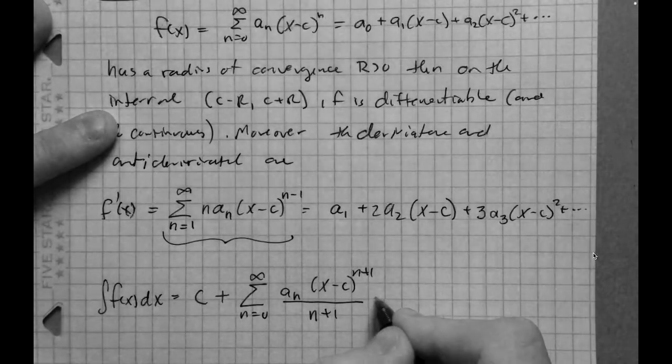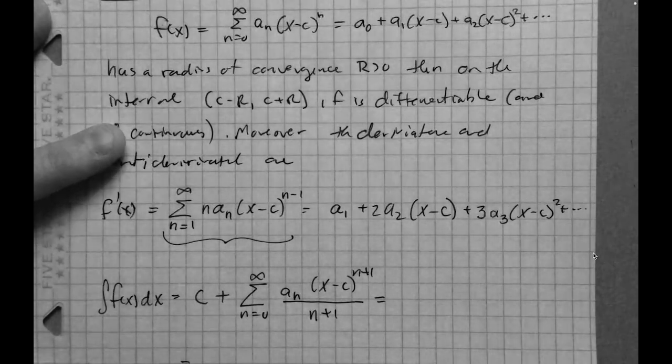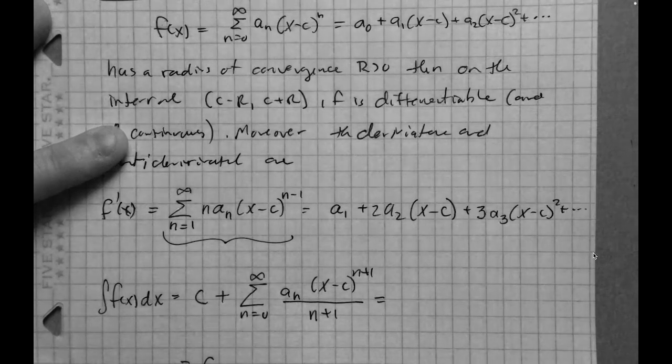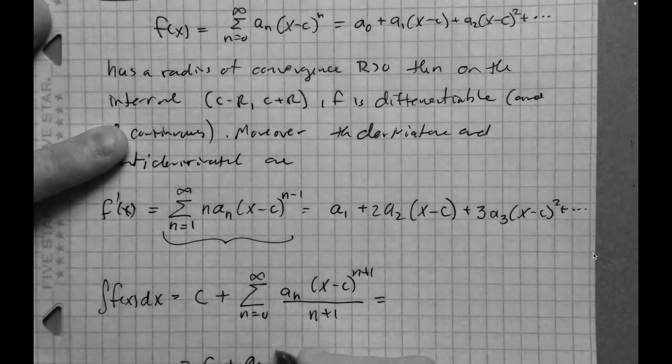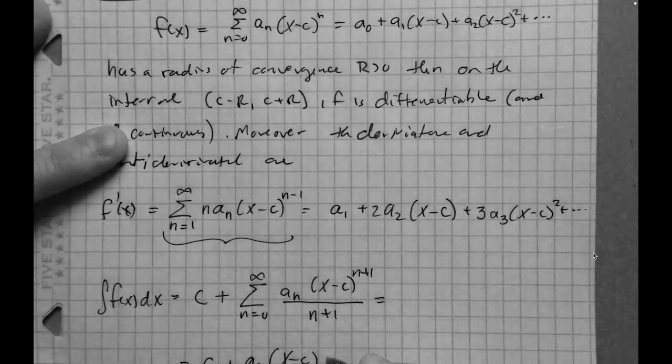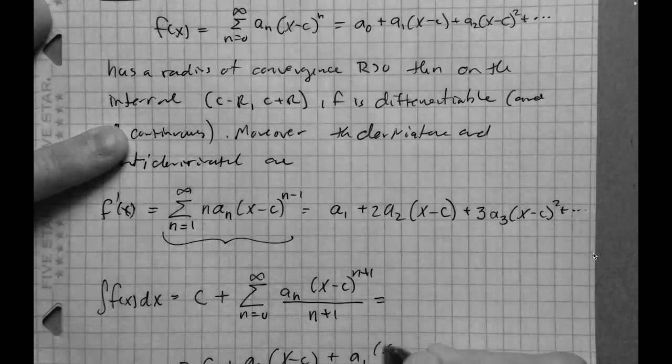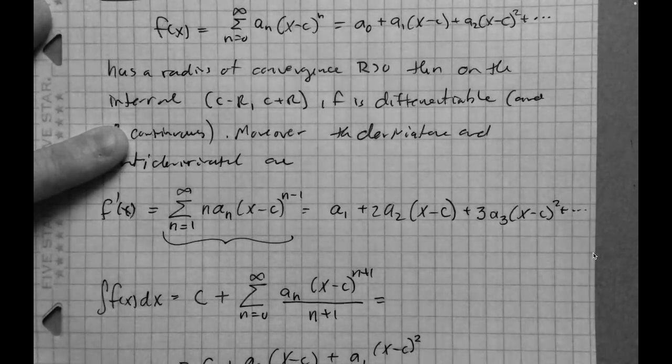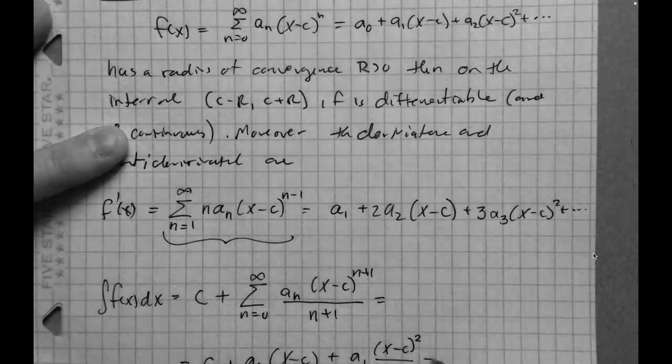Writing out the first couple of terms, we put the c up front, and then plus a0 times x minus c plus a1 times x minus c squared over 2 plus, and I'll leave it at that.